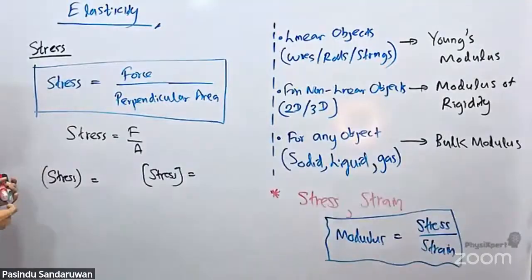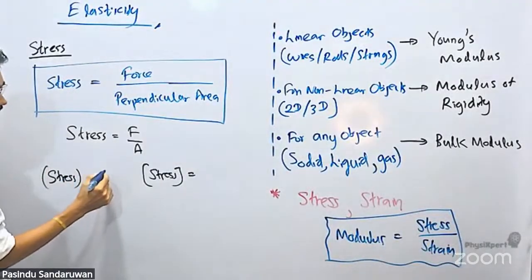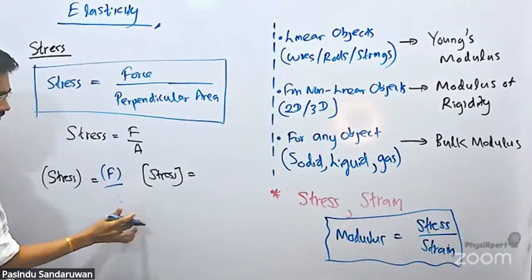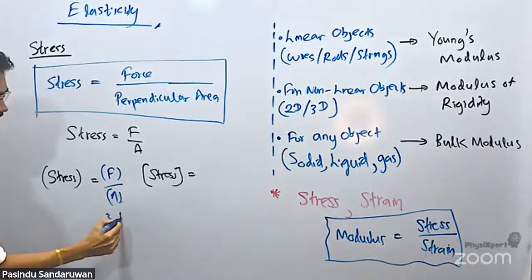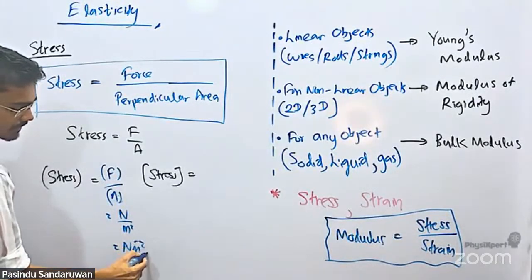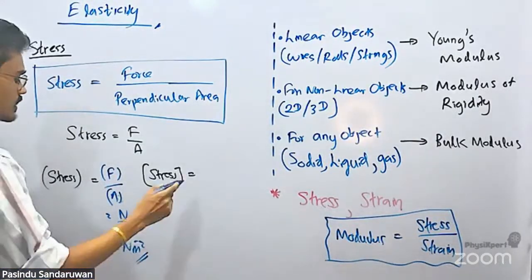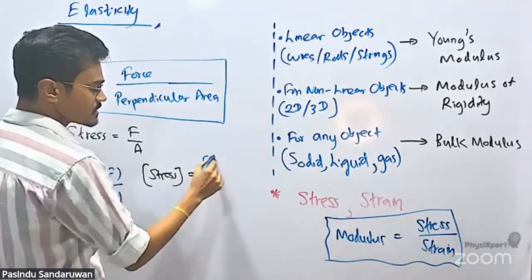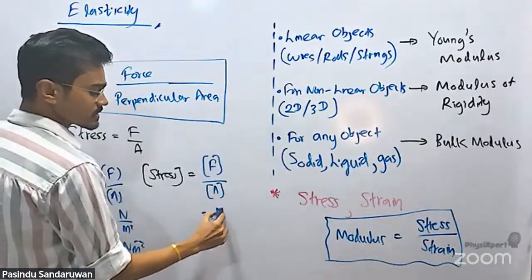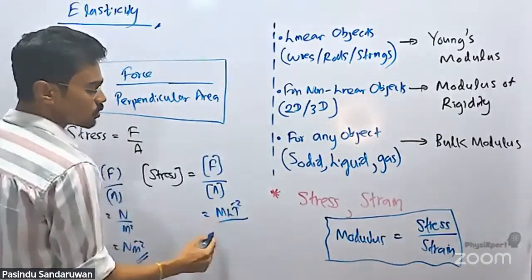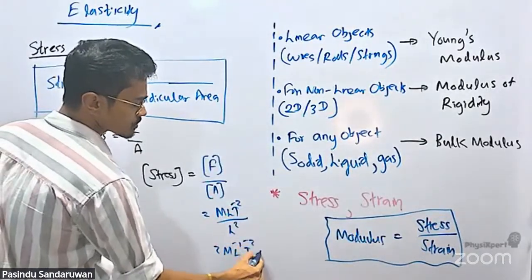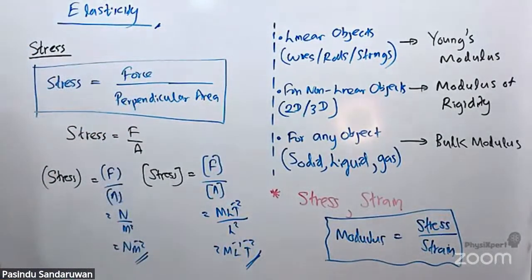So units will be units of F over units of A, N over m squared, that is N m minus 2. And dimensions are dimensions of force over dimensions of area. Dimensions of force is M L T minus 2 over area L squared, that is M L minus 1 T minus 2, right?